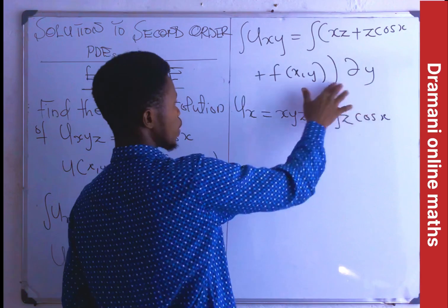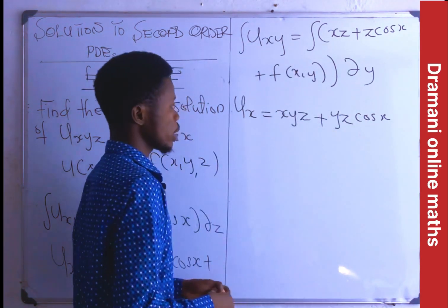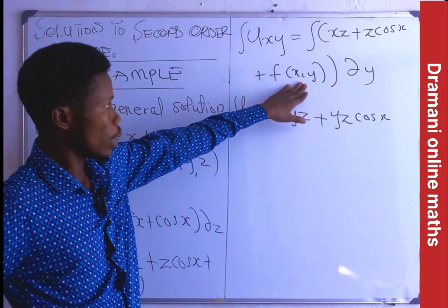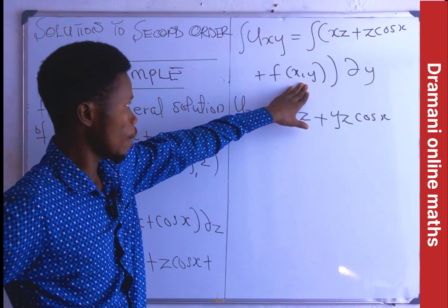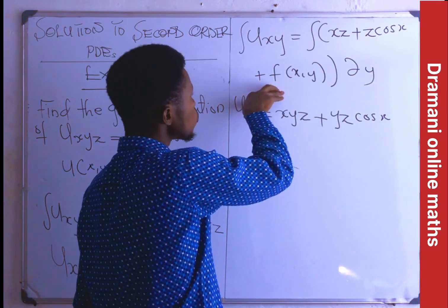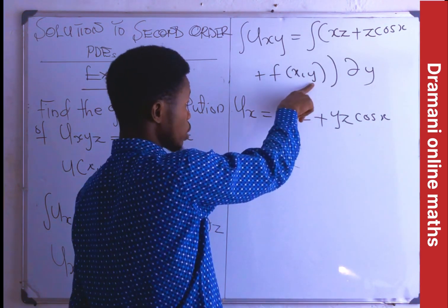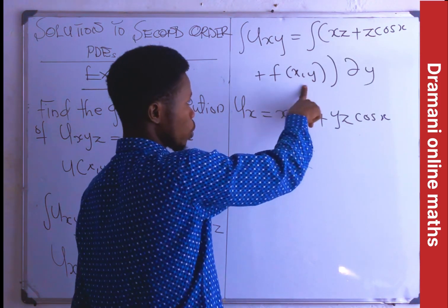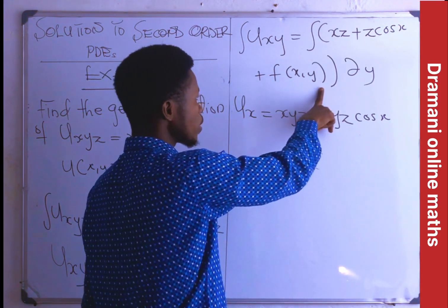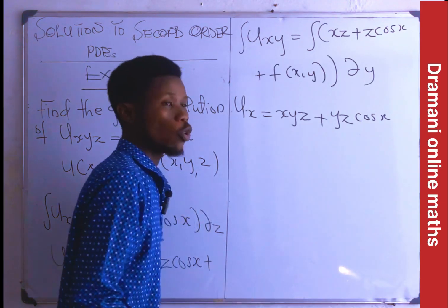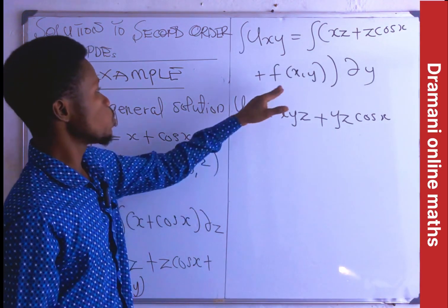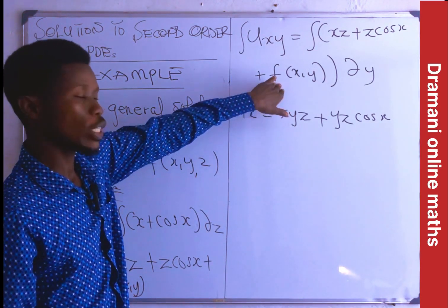Then when it comes to this place, yes, there's y in this. We have y here. Is that okay? It means that we need to integrate this, because since there's y here, it's no more a constant. So if you are integrating this, it's very simple to do. All you need to do is that you change the functions there.